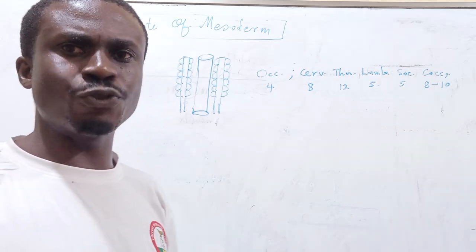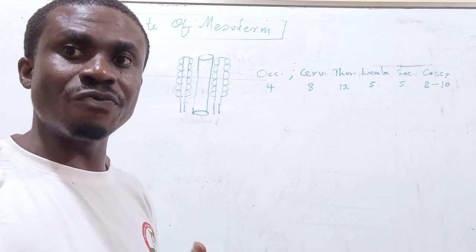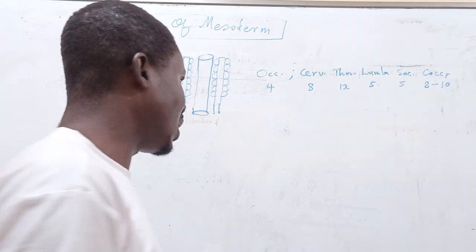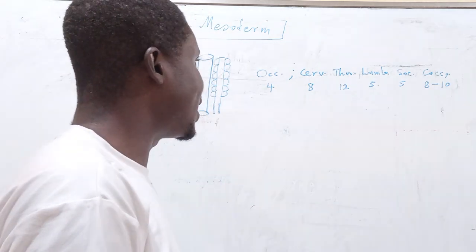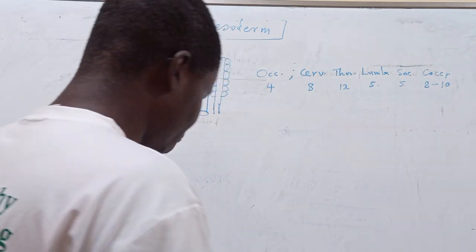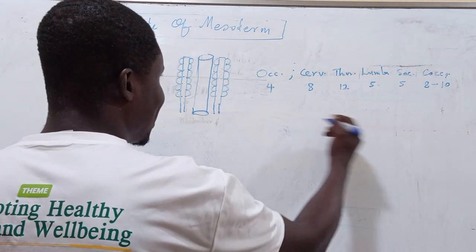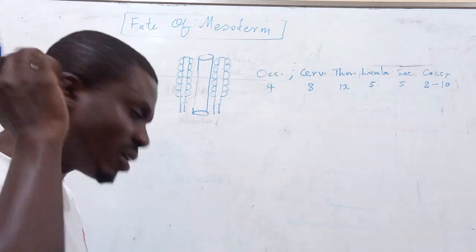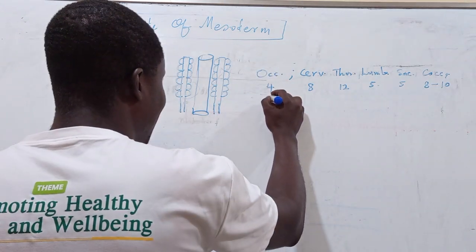But my friends, as I told you, some of these will be taken away. At the end of the day, the first pair of occipital somites will go away, so that we have 3.